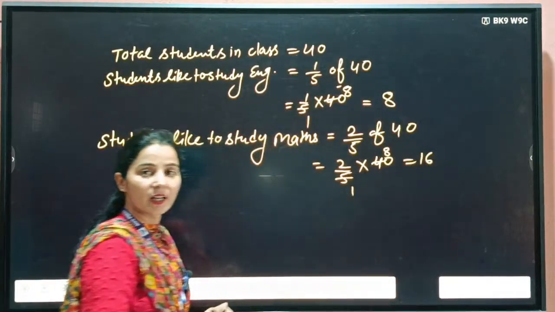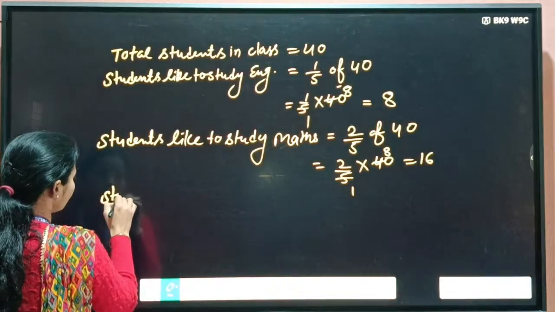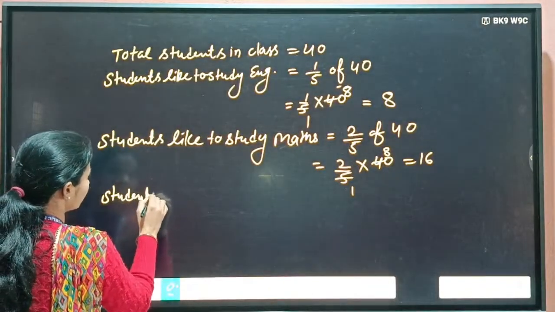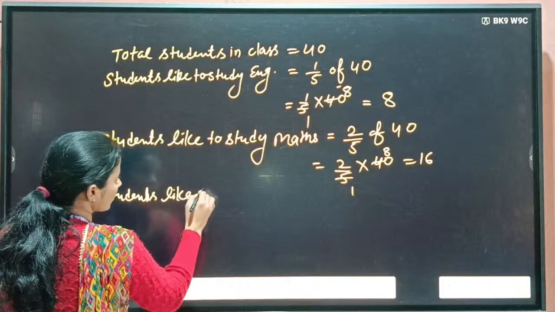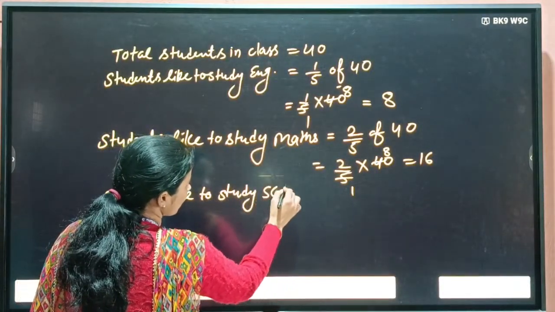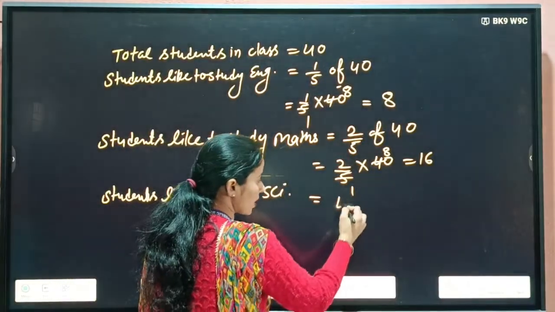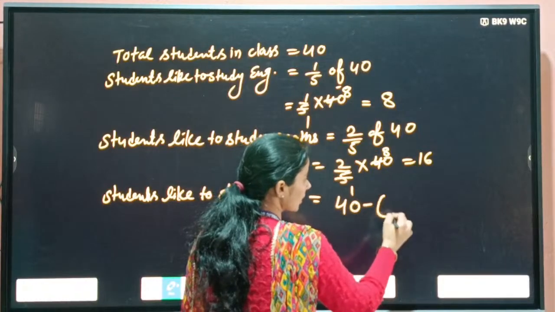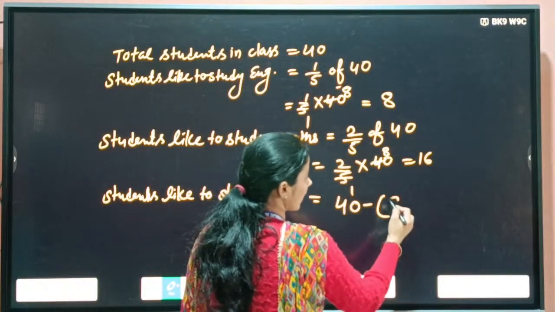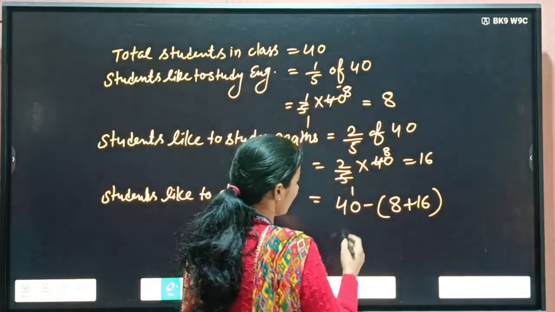And the remaining like to study science. How many students are remaining? Total students are 40. From 40, you will subtract the English and mathematics students.